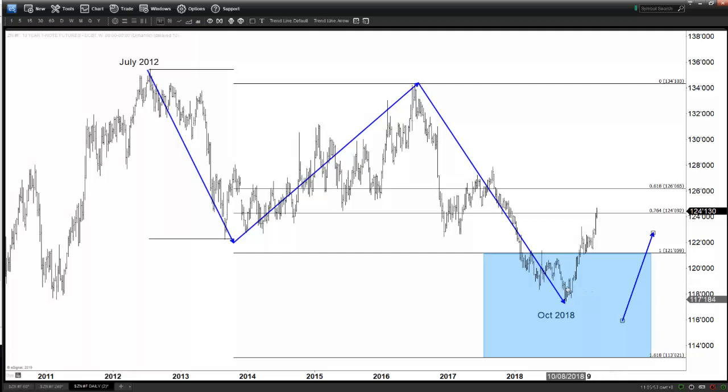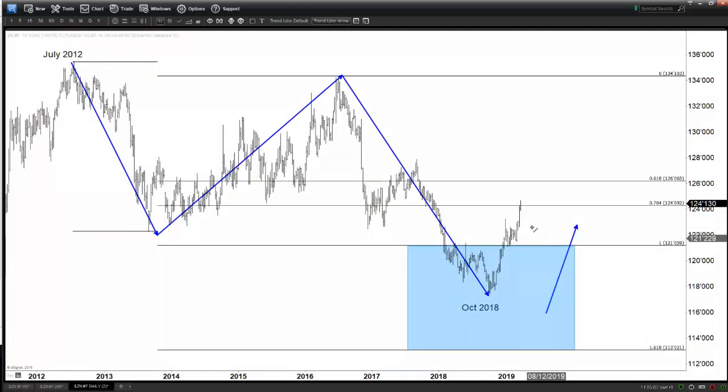Now if you take a look at the rally starting from last year, this has to be your connector from the lows.